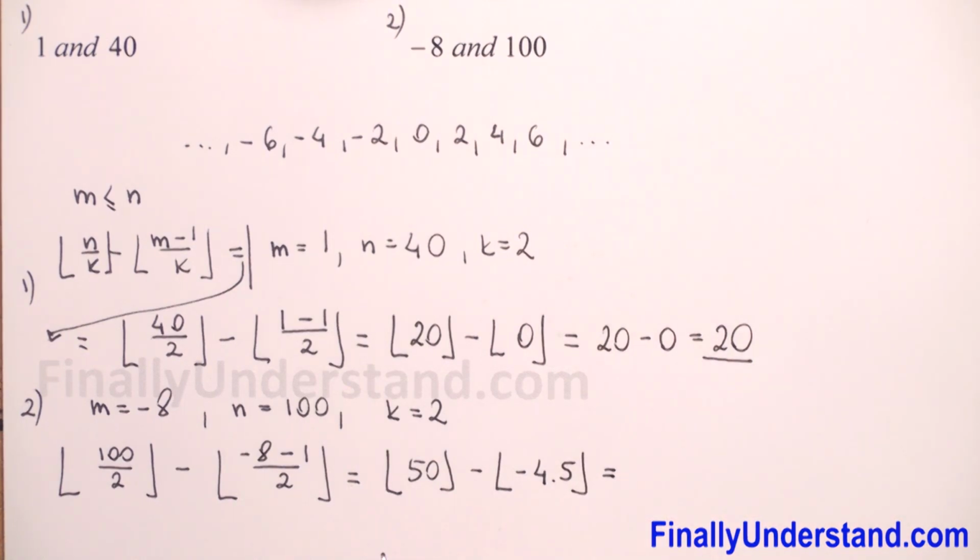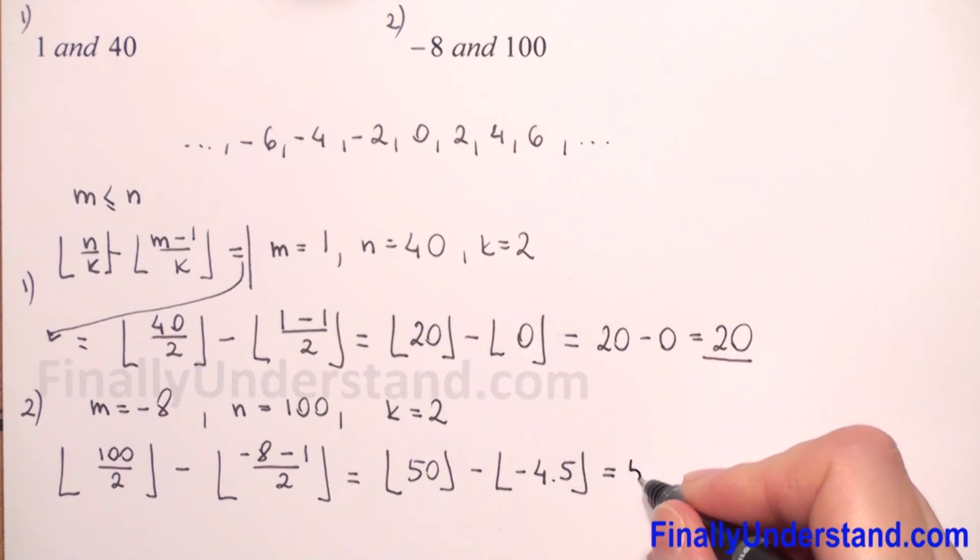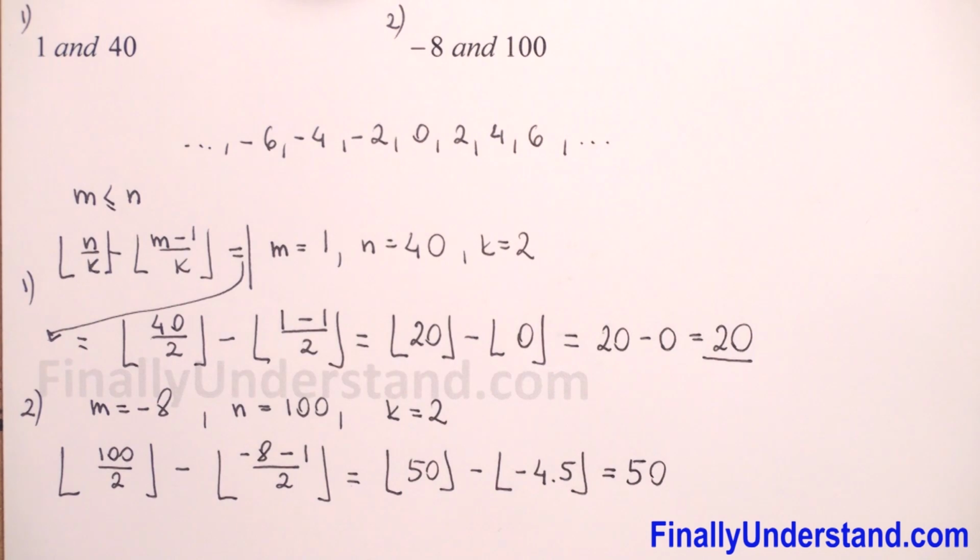Now let me remind you, the floor of a number is the integer less than or equal to this number. First we have the floor of an integer, so it will be the same integer, 50, and next we have the floor of -4.5. This is not an integer, so we have to find the largest integer less than this number. We can always draw a number line.